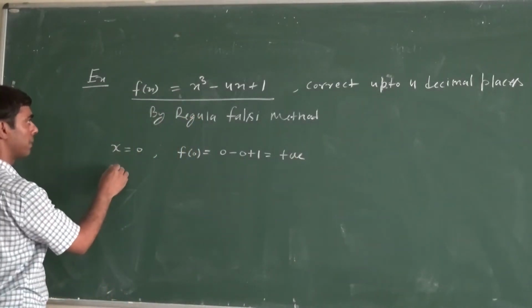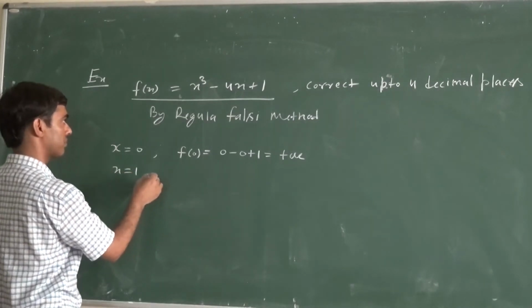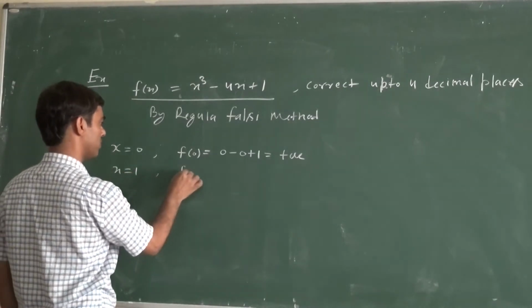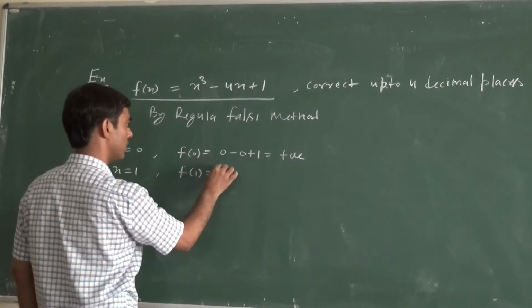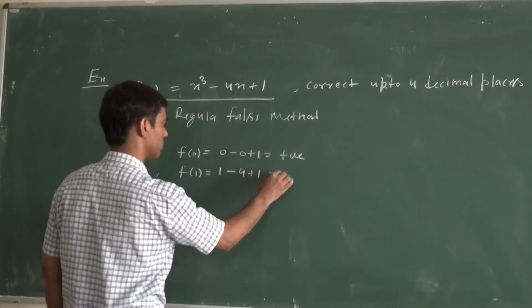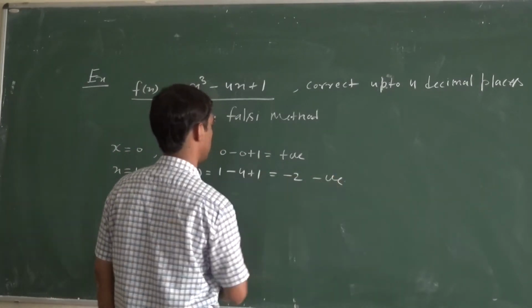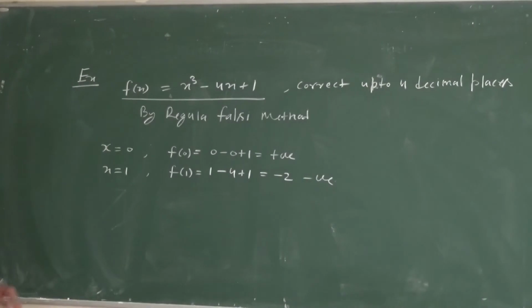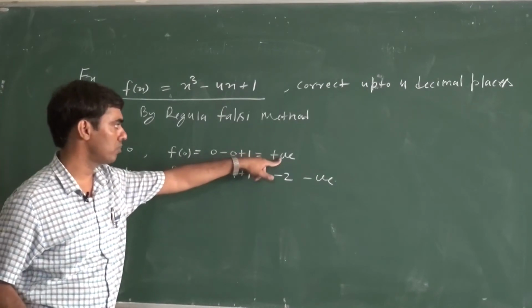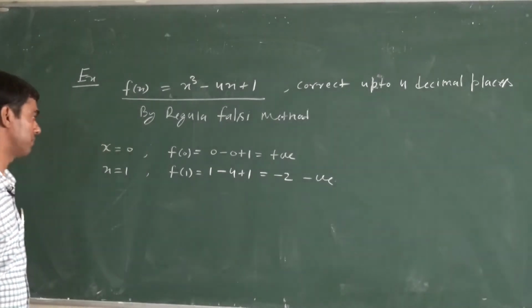Then x equal to 1: f of 1 equals 1 minus 4 plus 1, which equals minus 2, a negative value. So we stop, because we have found a point where the function is positive and another where it is negative.